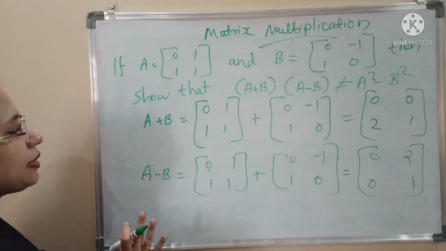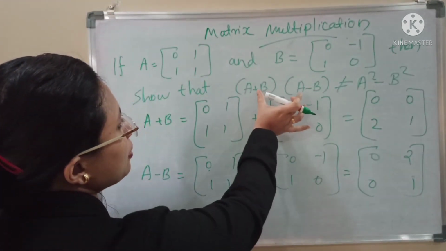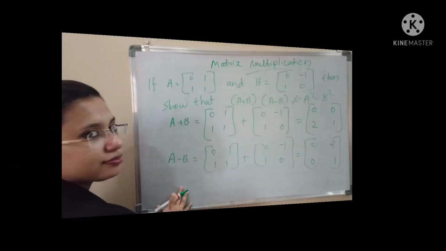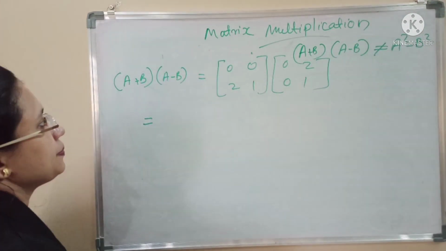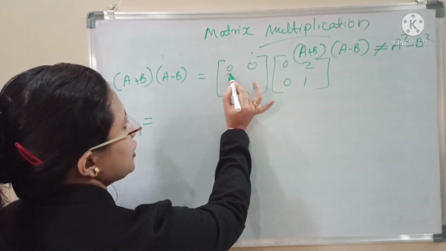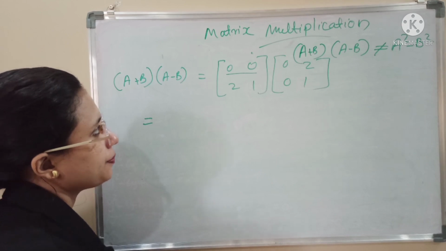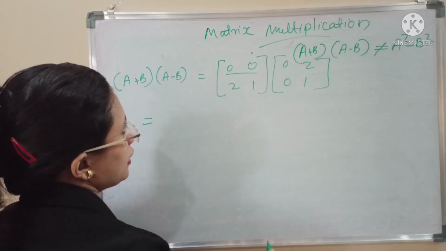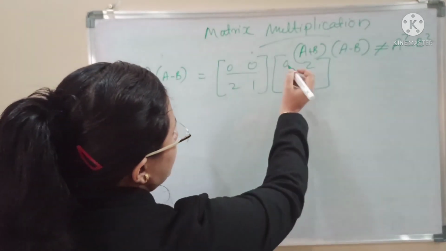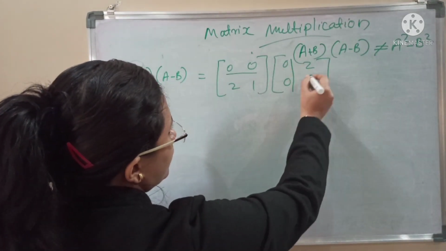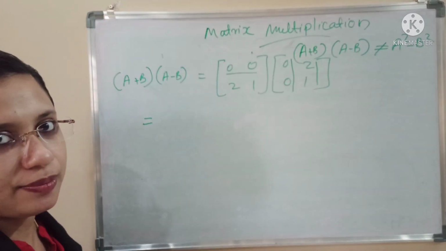Now we got A plus B and A minus B. So these are the matrices. Now we'll multiply these two. Let's see how to do the multiplication. First take the first row of the matrix A, then we will multiply these two terms with the column-wise elements of the second matrix.